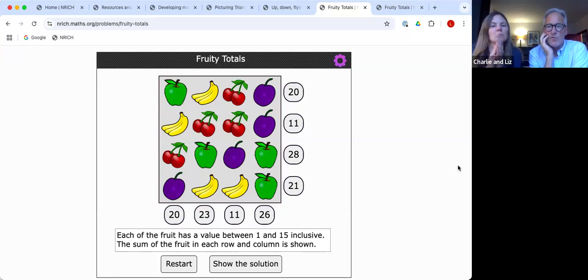And the first row and the last row altogether add up to 41. So if I've got 26 already, then I'm missing 15. So the 3 bananas and the cherry are going to add up to 15. And I might be able to do something with that.